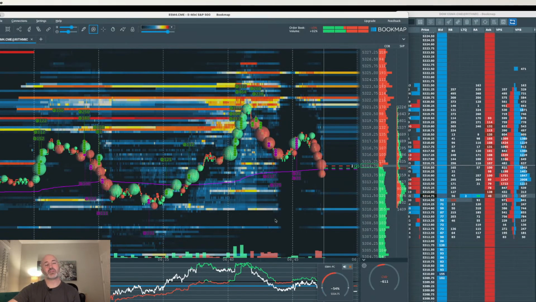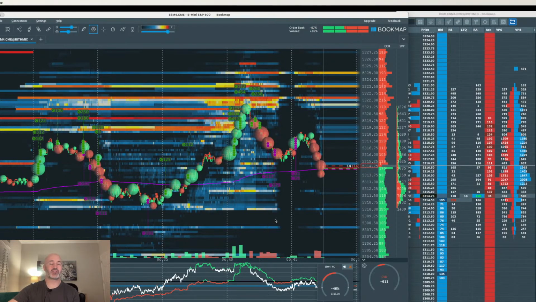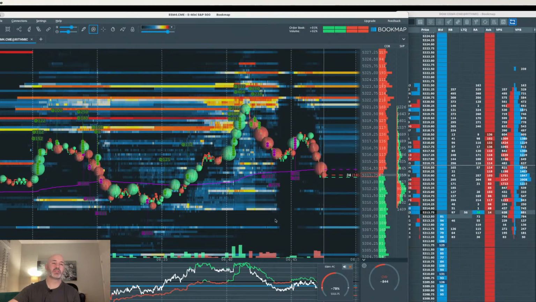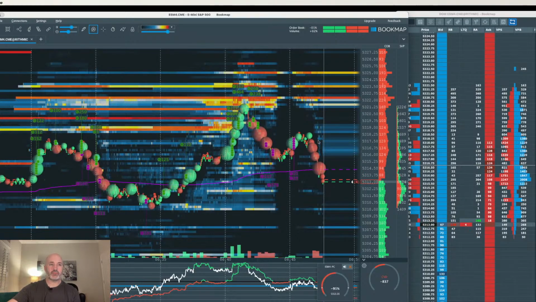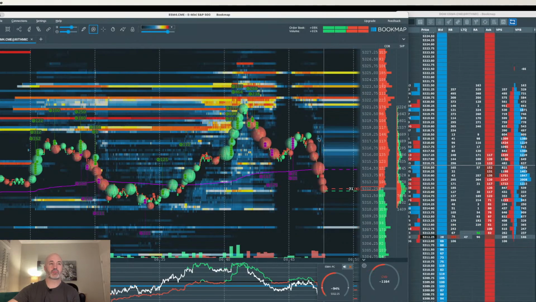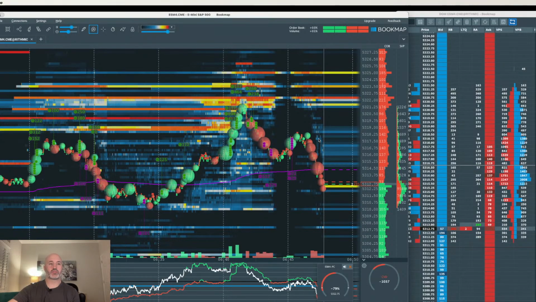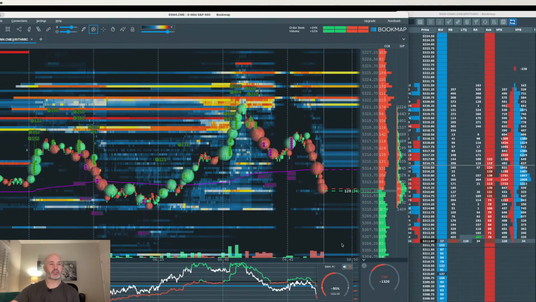If rates come down because the economy is doing badly, the market wants that. They want more spending. So that's the liquidity. That's the philosophy there. So sellers are definitely pushing now.